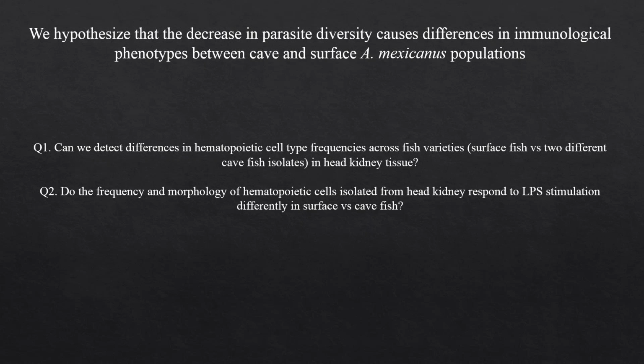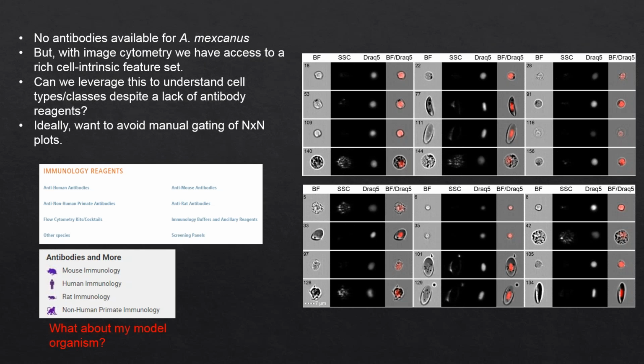And second, can we see differences in the capacity of these different immune cells to respond to antigen stimulation? So in our case, we've been using LPS, bacterial cell wall antigen, to stimulate and activate the immune cells, and then culture them, and then look with the image cytometer and ask, can we see differences in the cells that are expanding in frequency or changing morphology, et cetera.